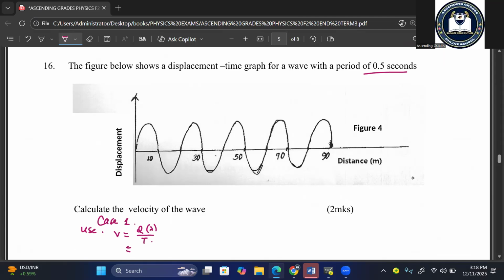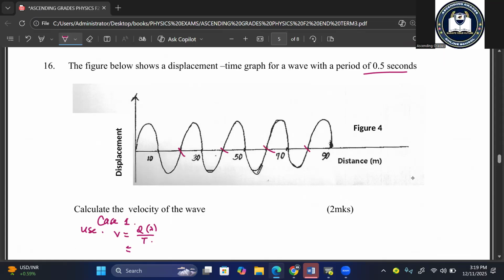So what will be my wavelength here? They are not clearly showing what the 30 means. One, two, three, 4, 4.5.